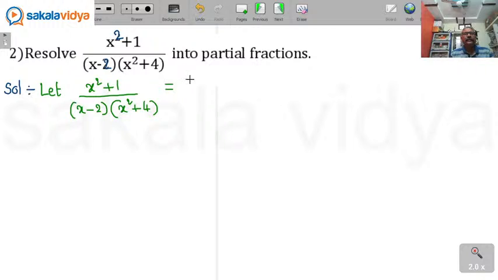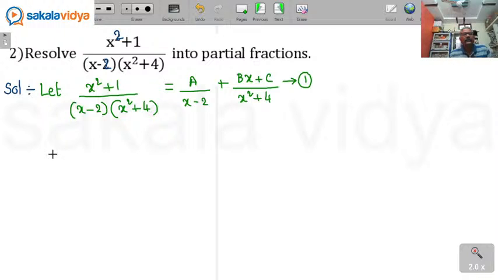First partial fraction is of the form A upon x minus 2, plus, for x square plus 4, the irreducible quadratic factor, we get Bx plus C upon x square plus 4. Say equation 1.